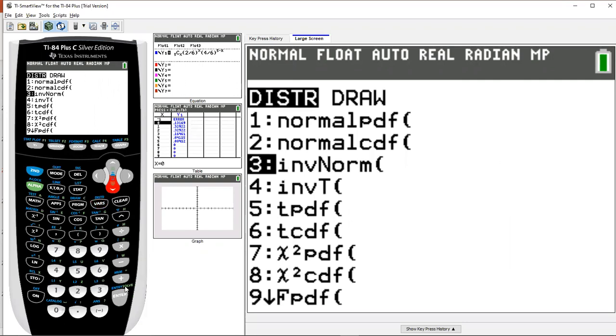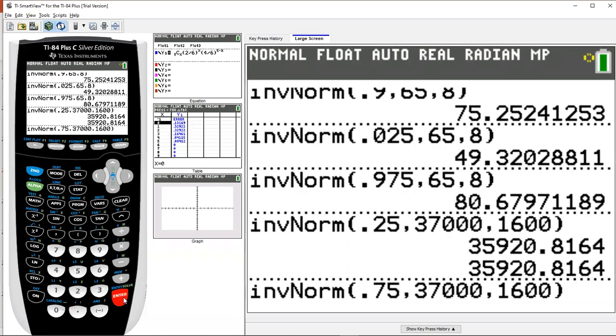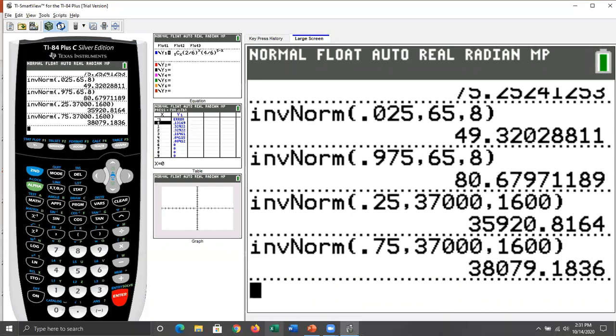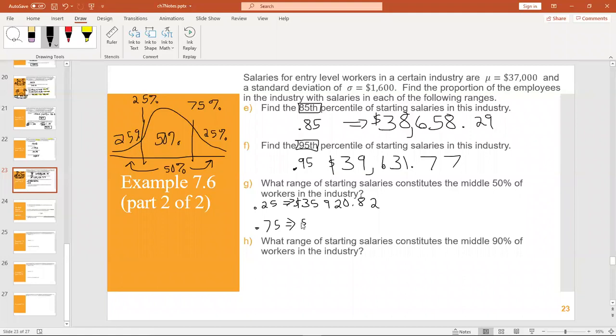So again, do the inverse normal when you're dealing with a percentile. Change this to 0.75. Mean and standard deviation are already inputted in there. 38,079.18.